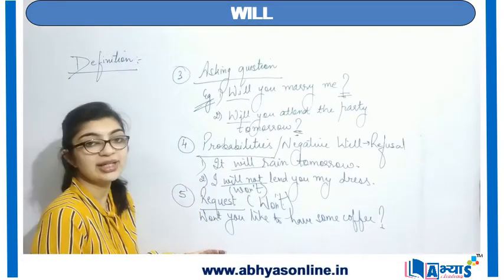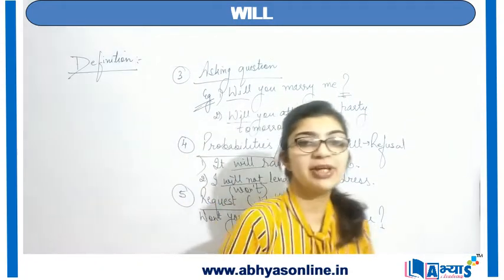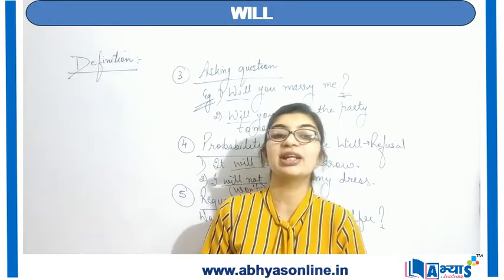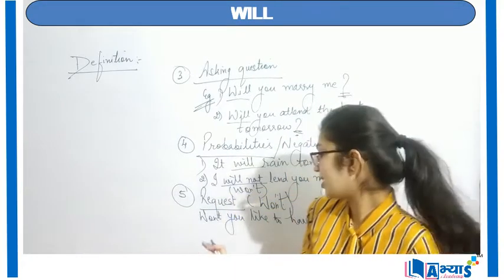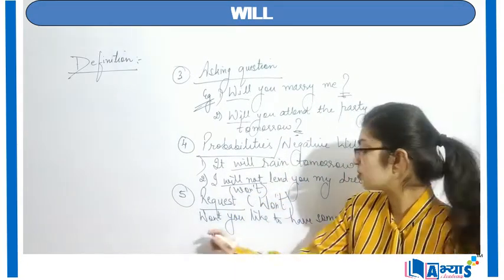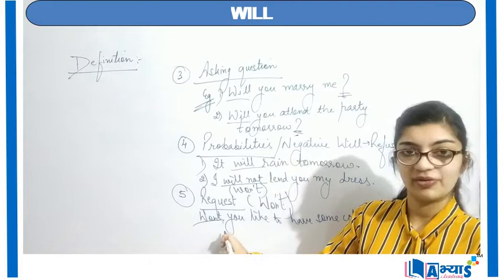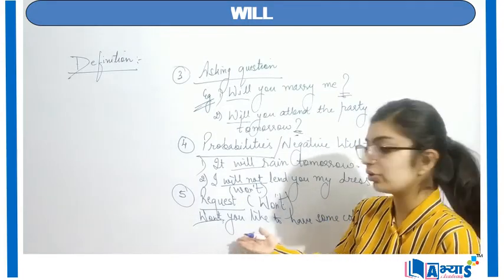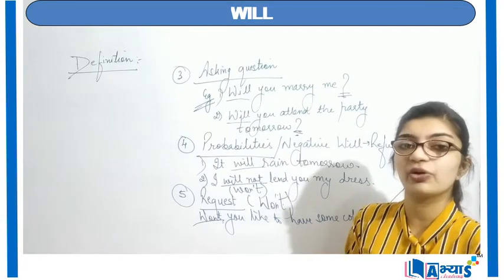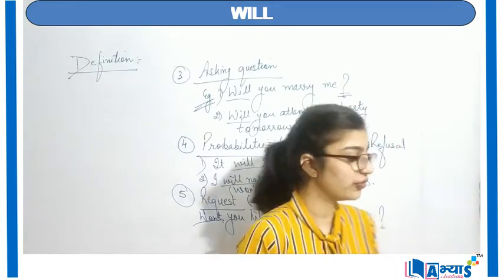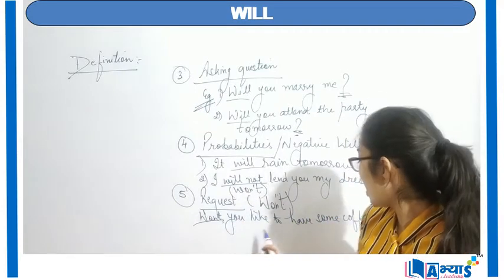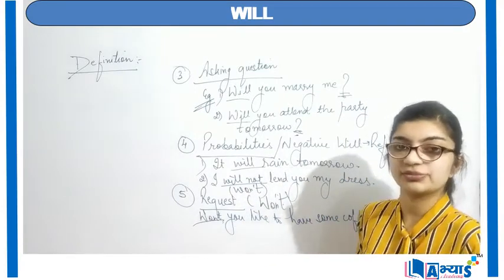Now this in Hindi means, क्या तुम कॉफी पीना पसंद नहीं करोगे? But then I am also making a request through asking a question using won't, right? My ultimate motive is that I want to invite the person to have a cup of coffee with me. Therefore, I am asking the person, won't you like to have some coffee?